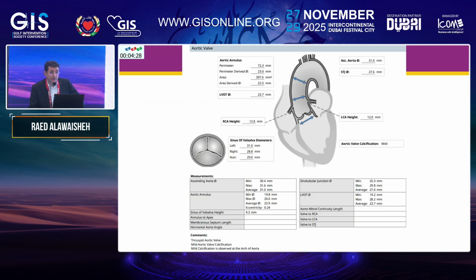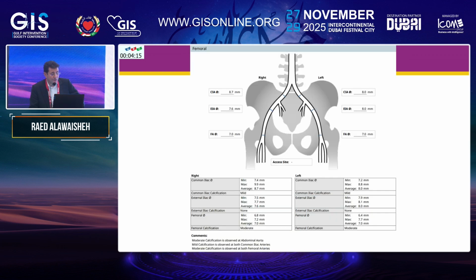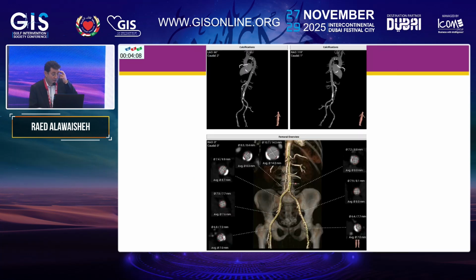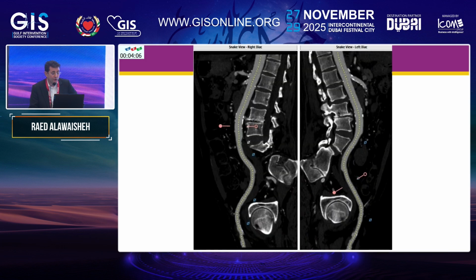This is our plan. The CT for TAVI showed that the coronary arteries have a proper height away from the aortic valve, and there is not much calcification in the femoral and common iliac arteries. As you know, the only problem is the dissected right femoral artery.